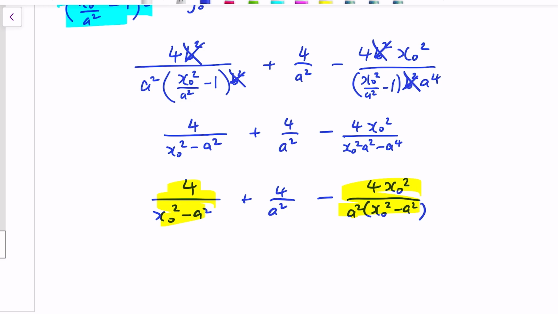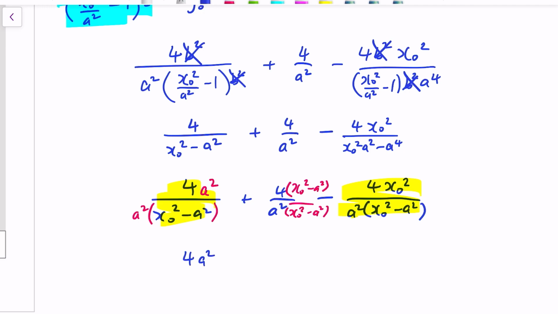So we give the left fraction an a squared on top and an a squared on bottom. Now they are common denominators, and we give the middle term x naught squared minus a squared top and bottom. Now they're all common denominators, and we can put them all together.